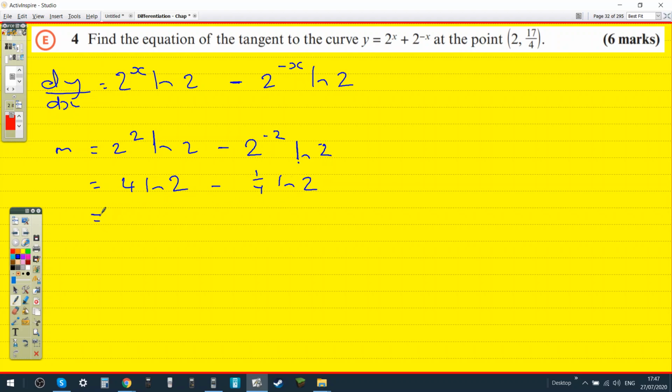So what's that going to be? 4 minus a quarter. Wouldn't it be 4 divided by a quarter, because of log rules? You could do it a different way: ln 2 to the 4 minus ln 2 to the quarter, and then it would be divided.